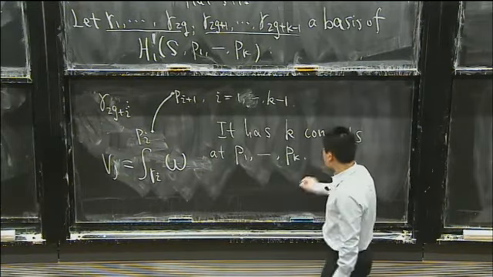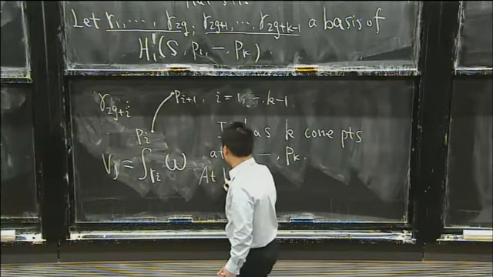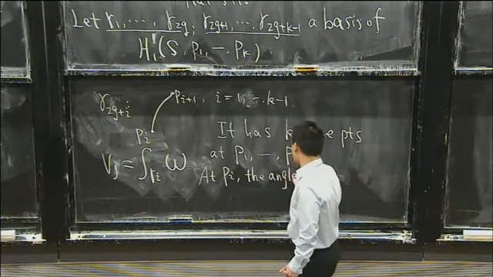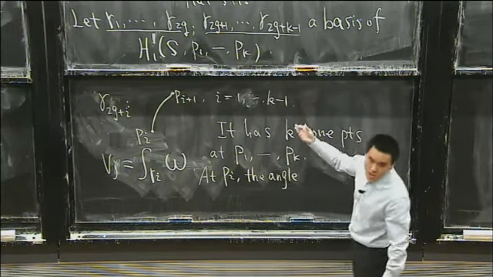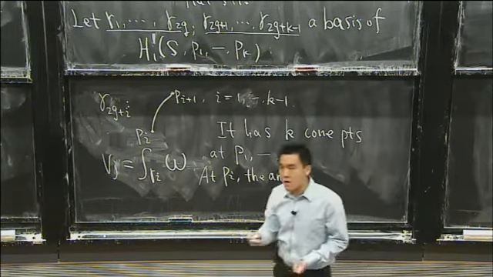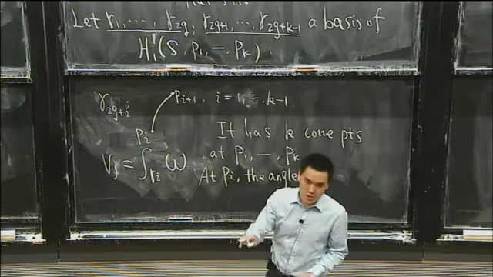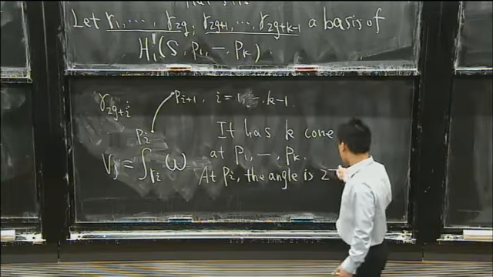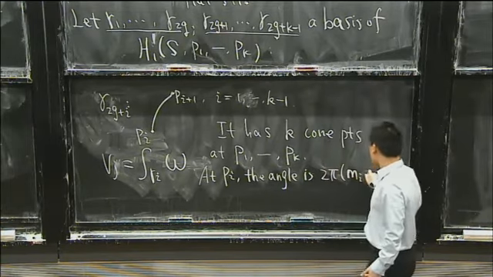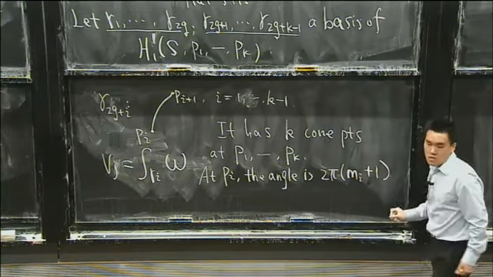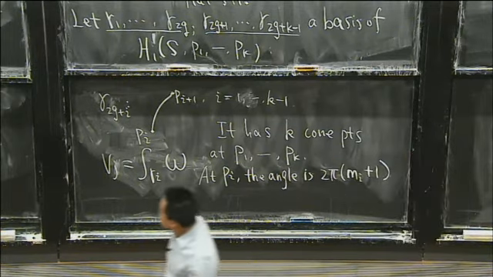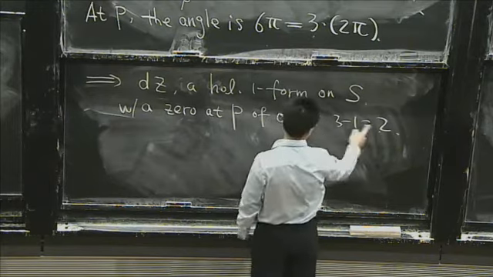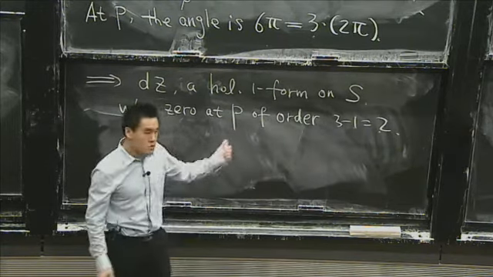Around Pi, because it's a zero of order mi, you have to take z to the mi plus 1, differentiate that to get your one form. So the total angle is 2 pi times mi plus 1. Just as in the example I drew there, you get a unique zero of total angle 6 pi, 3 equals 2 plus 1. But that's a general thing.